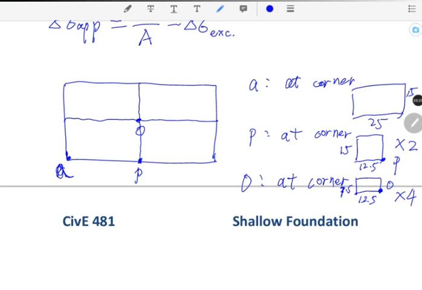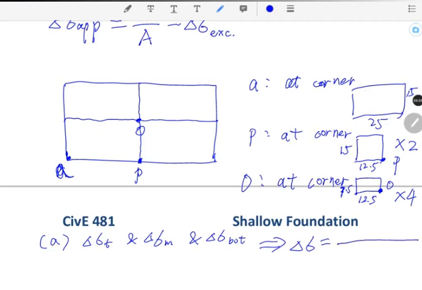clay layer. Okay, after we find all of these delta sigmas for point A, delta sigma top, delta sigma at the middle of the layer, and delta sigma at the bottom, then we can find the average delta sigma under point A. Since the distribution of these delta sigmas over depth is nonlinear, we can use this equation to calculate the average: delta sigma average for point A equals 1/6 times (delta sigma top plus 4 times delta sigma middle plus delta sigma bottom).